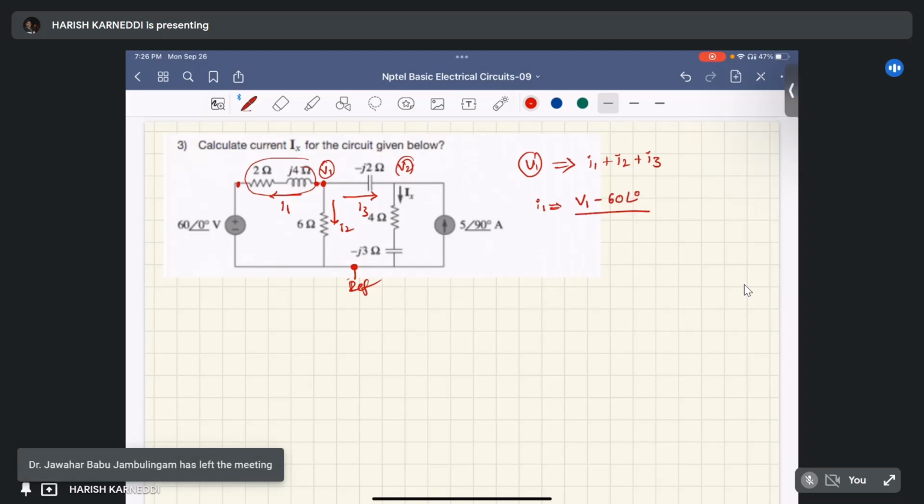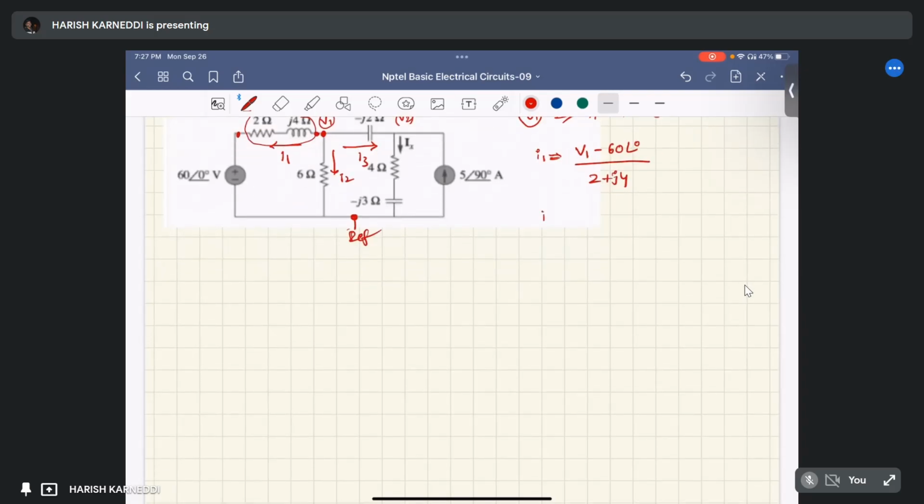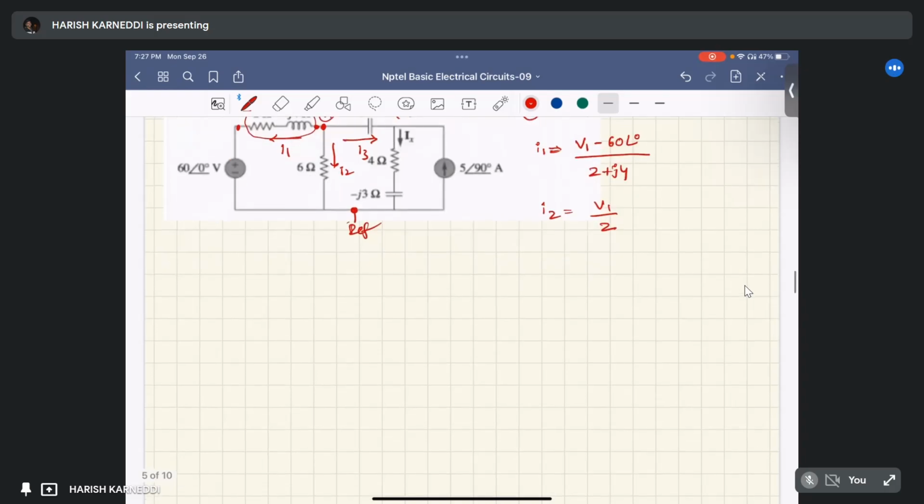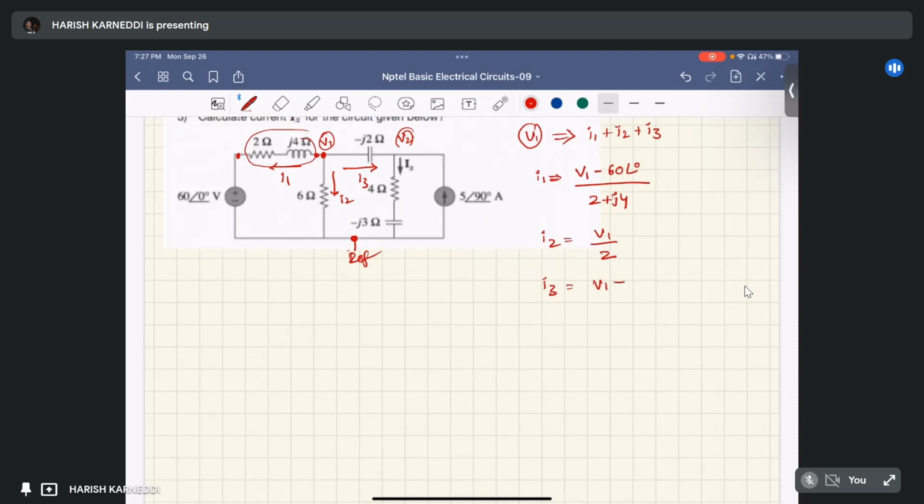The 2 ohm resistor and j4 ohm inductor are connected in series, so it is 2 plus j4 ohm. What about I2? I2 is simply the current through the resistor, we can directly write V1 by 2. What about I3? I3 is V1 minus V2 by minus j2.